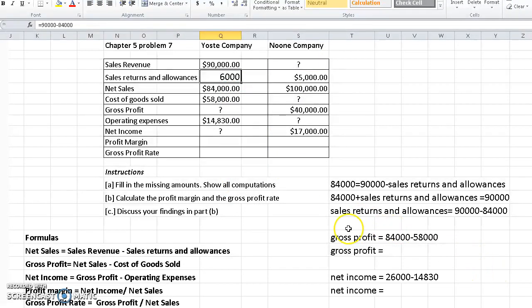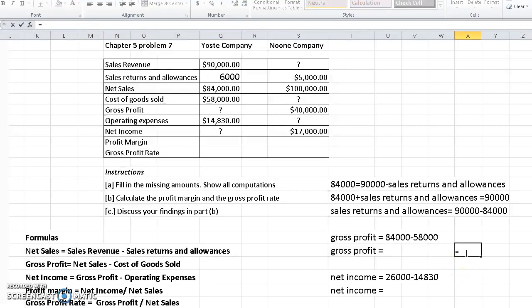Okay, the next part, we're to find the gross profit right here. Gross profit equals net sales minus cost of goods sold. So we happen to have that. Net sales is 84,000 minus the cost of goods sold, which is 58,000. So let's plug that in.